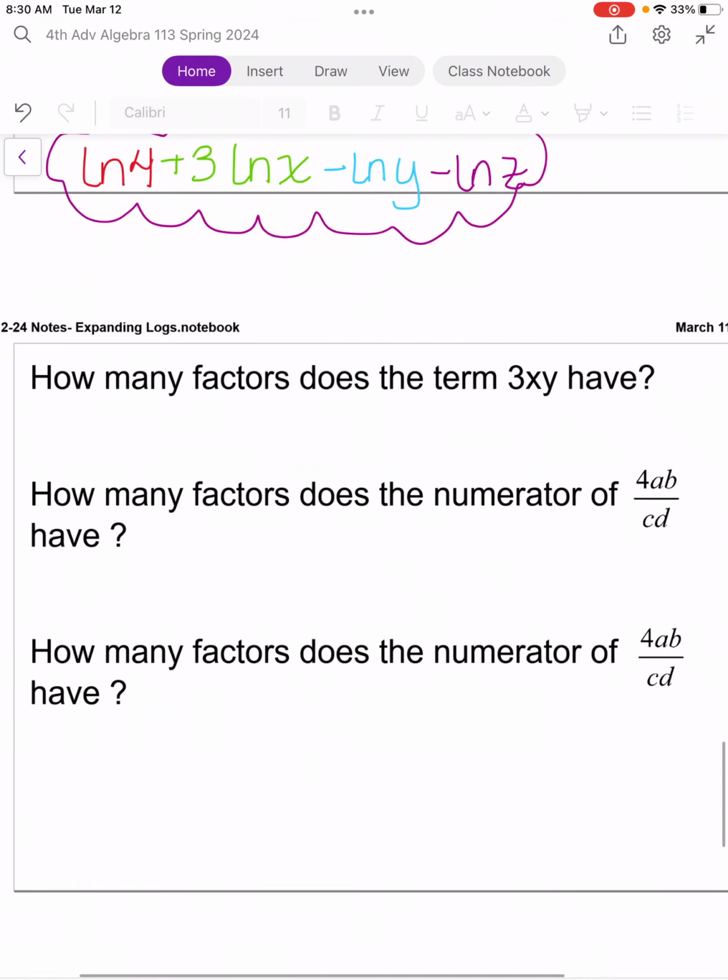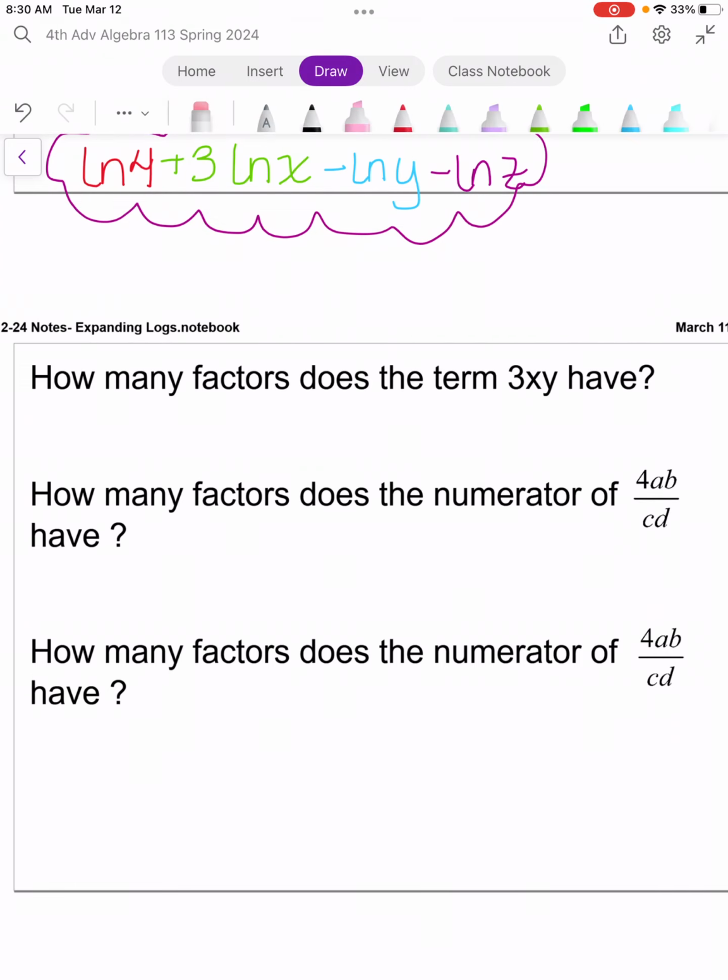So how many factors does the term 3xy have? So there's 1 is 3, 2 is x, 3 is y. So there are 3. How many factors does the numerator of this have? 1, 2, 3.